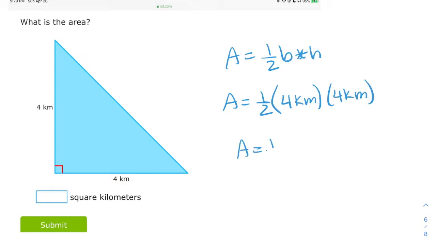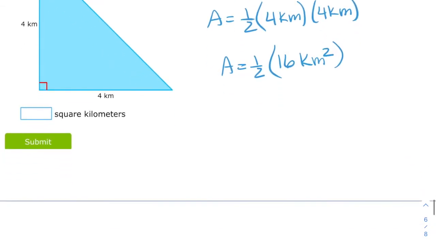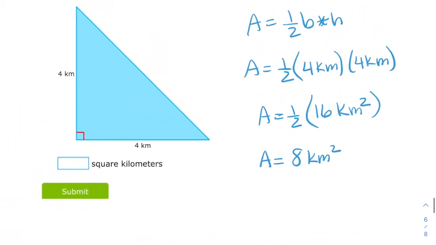So area is 1/2 of 4 times 4 is 16. Kilometers times kilometers is kilometers squared. So half of 16 is 8. So my final answer for this one is 8 square kilometers.